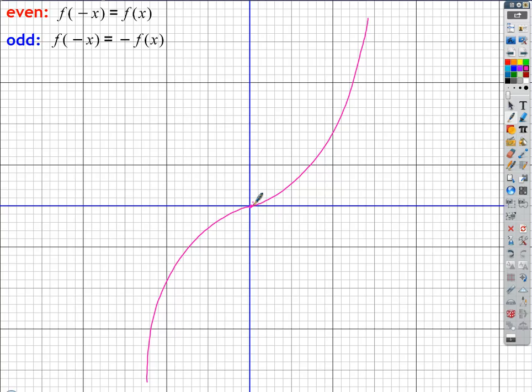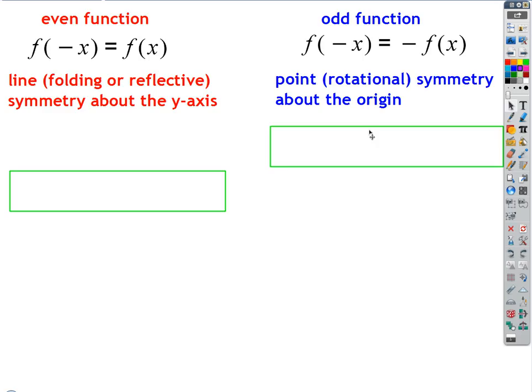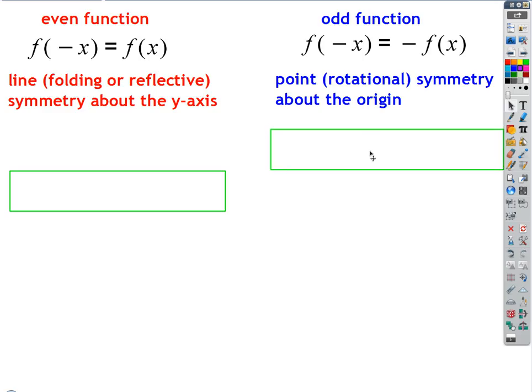And that is the graph of f of x equals x cubed, which is an odd function, right? Odd power of x. By knowing half of it, I can spin it to recreate the other half. I don't have to find it. I can just do half and then draw the rest because I know what the symmetry is. Make sense? So an odd function is point symmetry, or rotational symmetry, about the origin.